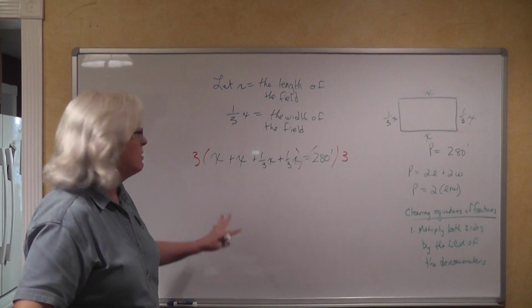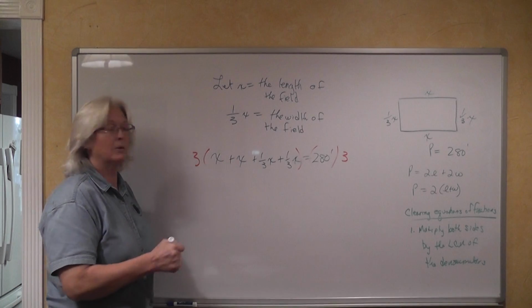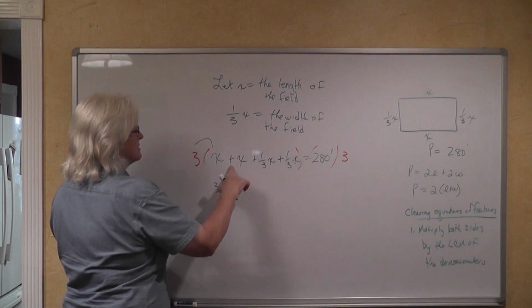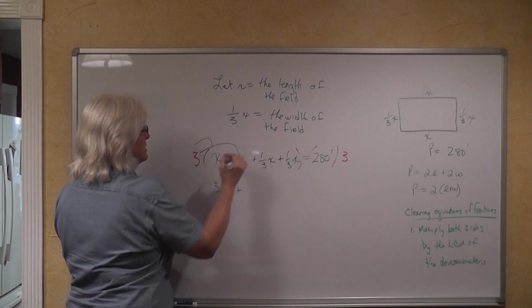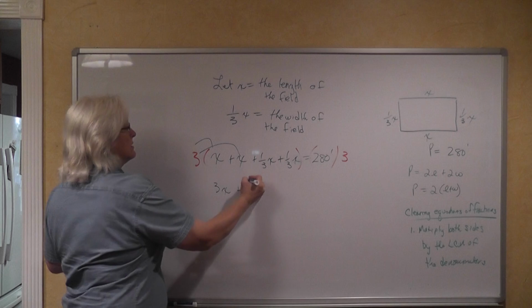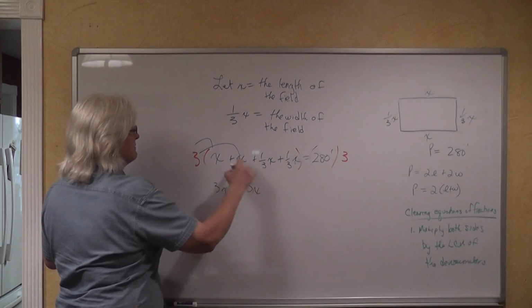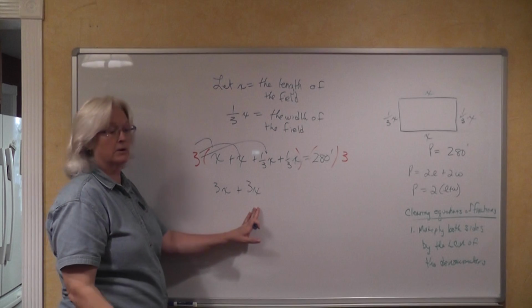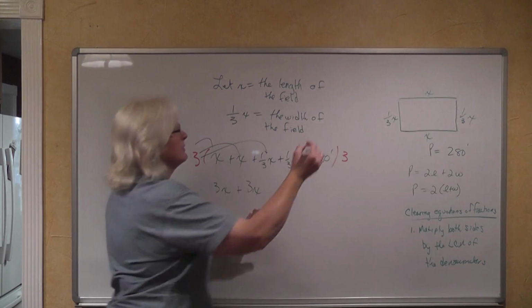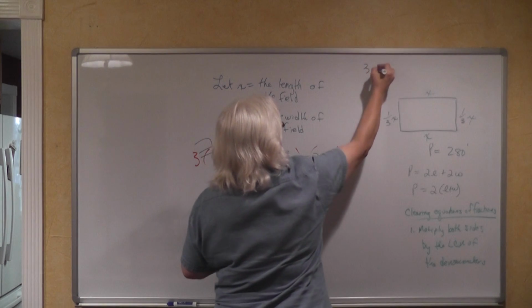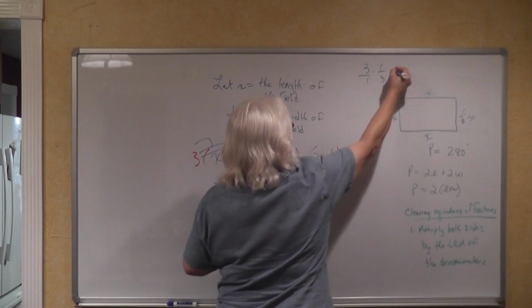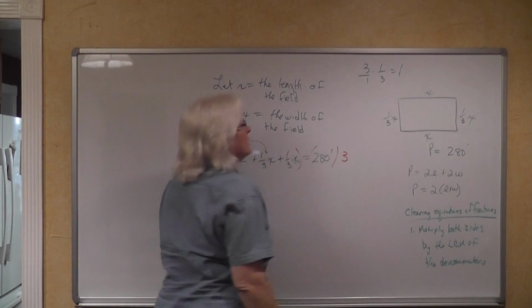Now we have a long distributive problem here, don't we? 3 times x is 3x, plus 3 times x again, 3x again. We have another plus 3 times 1/3. What is 3 times 1/3? 3 times 1/3 is equal to 1, isn't it?